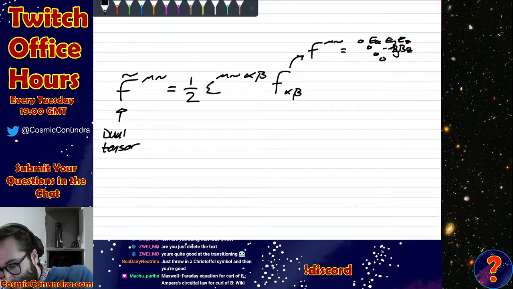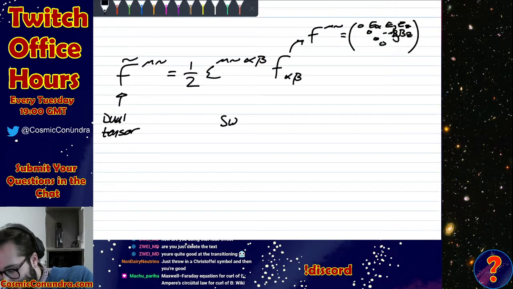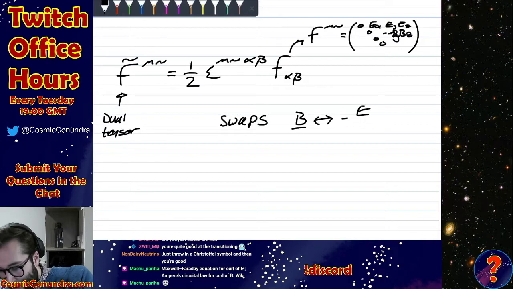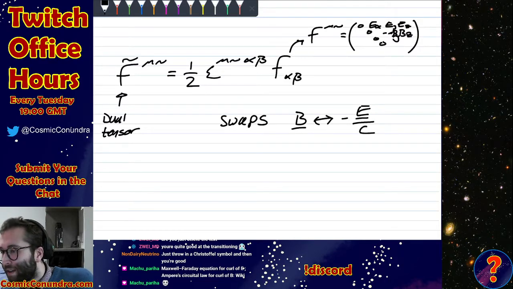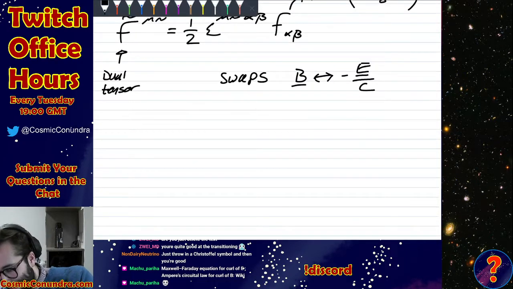Okay. The point is, if I plug in this particular matrix form I have of F mu nu, and I multiply it by this form here, what it actually does is it just swaps any B vector, or component of any B vector, with the corresponding component of the minus E over C vector. Okay, so I can write it down. It'll just take a minute.